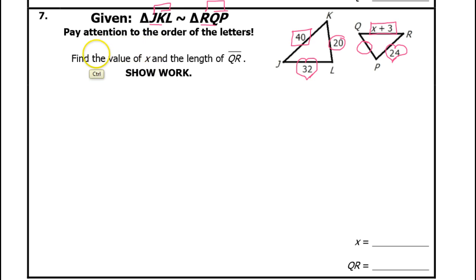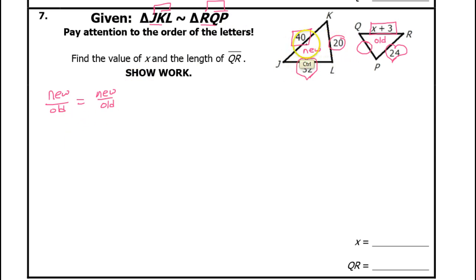So we need to find the value of x and the length of QR. I'm going to consider this small triangle to be old, and the bigger triangle to be new, although it doesn't really matter. But what I know is that new over old should equal new over old, because the sides are proportional when you have similar triangles.